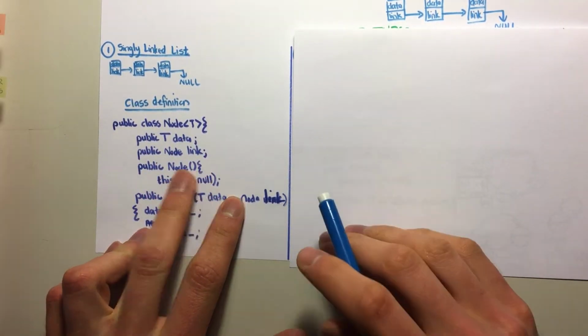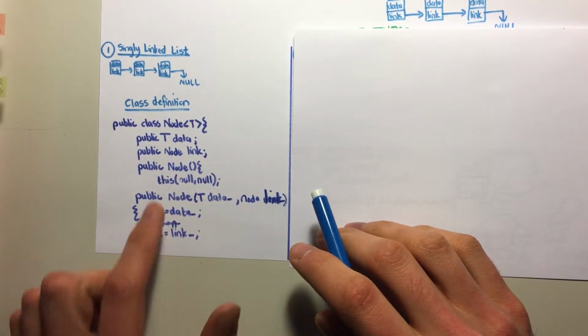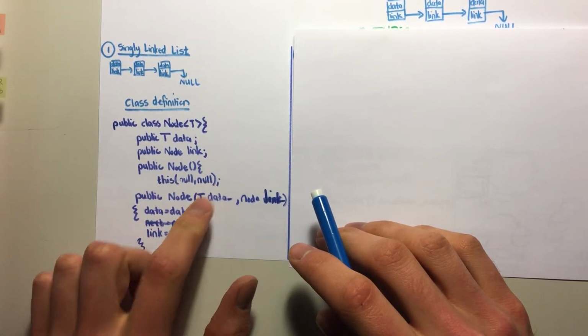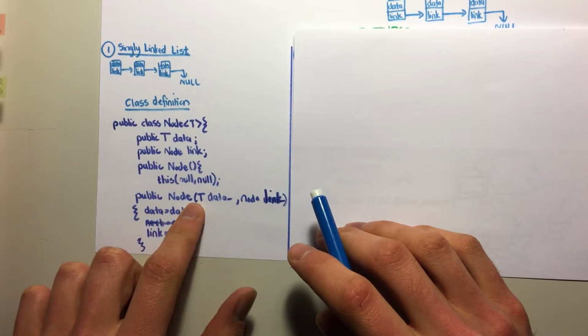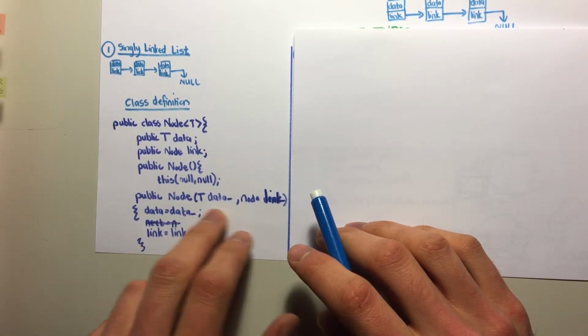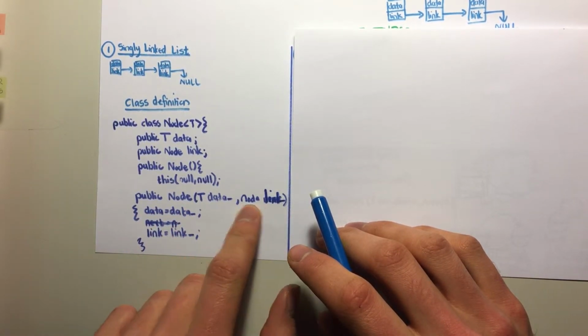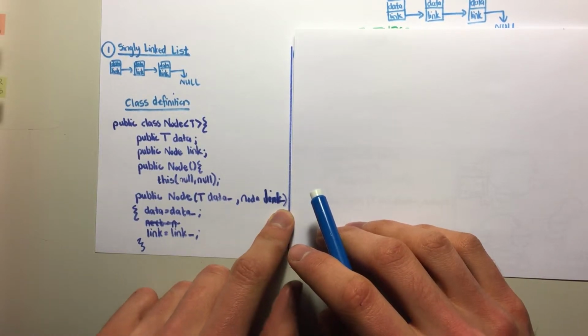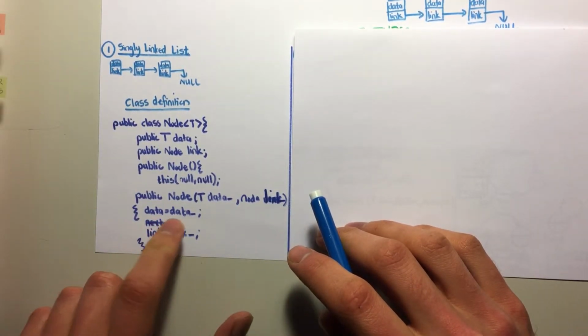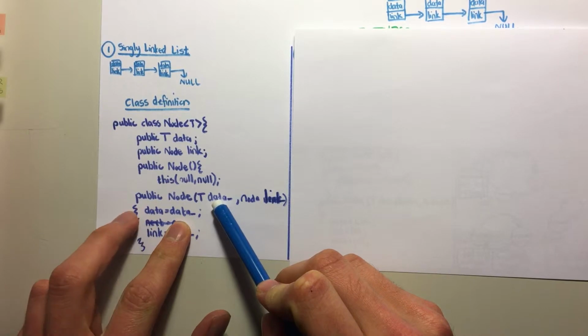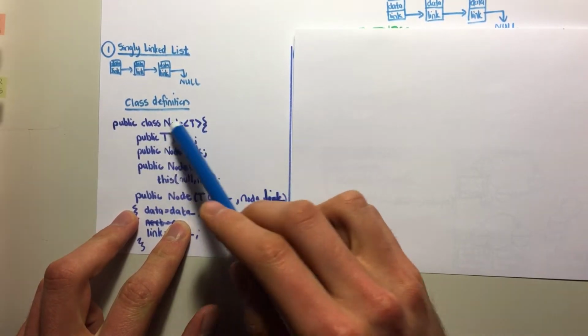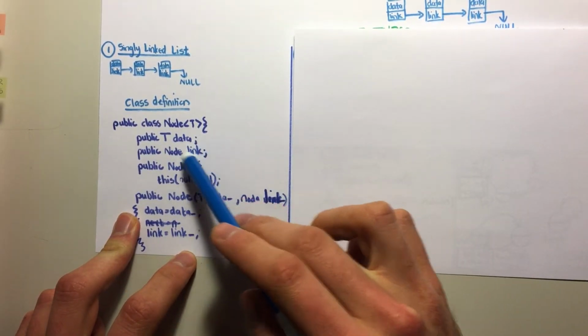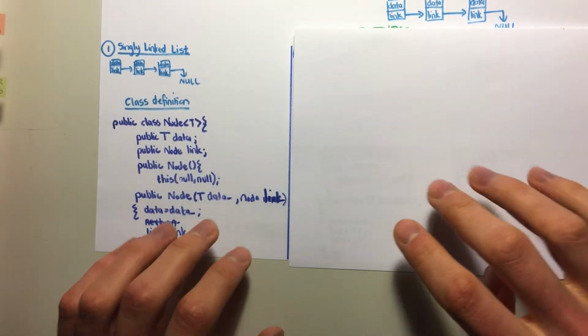And we initialize it with this default constructor, which just refers to this constructor and makes these elements null. This constructor takes in a data element, T data, and also a link, a Node<T> link, so you can link it to another item. And we just assign this data value to that one, and we assign this link to the link over there.